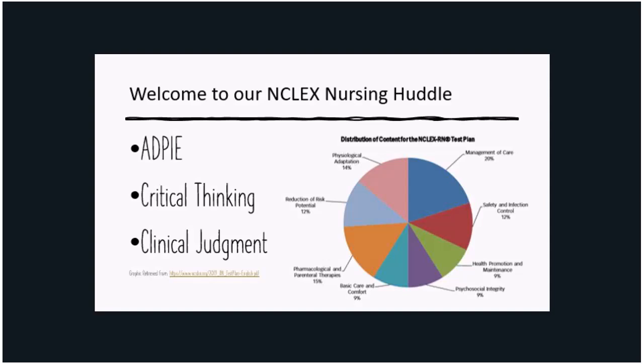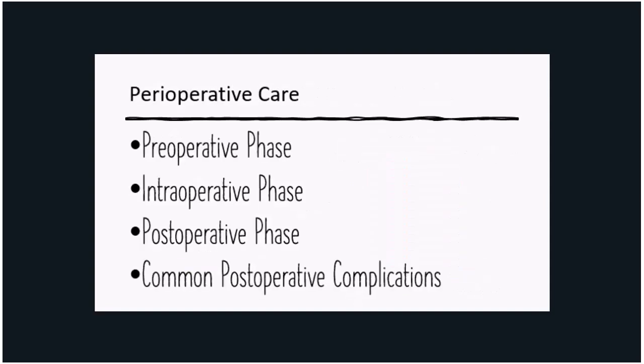Okay, so if you need a little bit more brushing up on your pharmacology, take your time to do it now because it is a big chunk of the NCLEX. A detailed test plan for the NCLEX can be found on the NCSBN website, and the link is embedded into this PowerPoint. Without any further ado, let's talk about perioperative care.